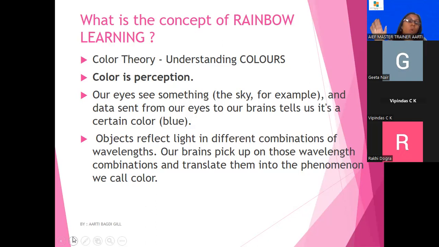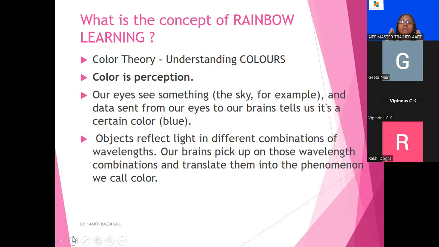Rainbow is having so many colors, right? And color is actually your perception. So in the rainbow learning theory or approach, we are understanding the colors. We are understanding the perception of the child. So this theory is revolving around perception.